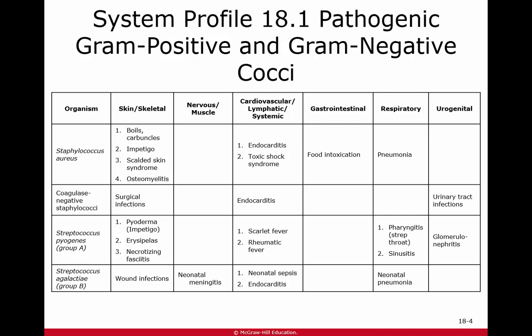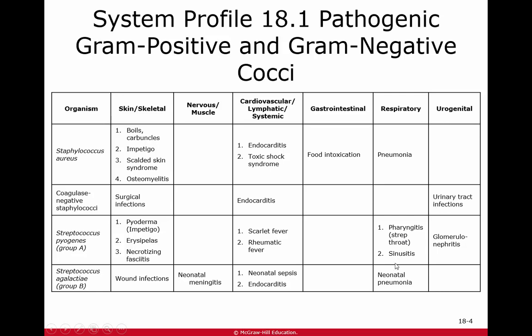So you can see looking at this that Staph aureus that we're familiar with, of course, can cause pneumonia in your respiratory system, in your cardiovascular system it can cause endocarditis, where the lining of the heart is infected or inflamed. And then in your skin, you can get impetigo or boils.